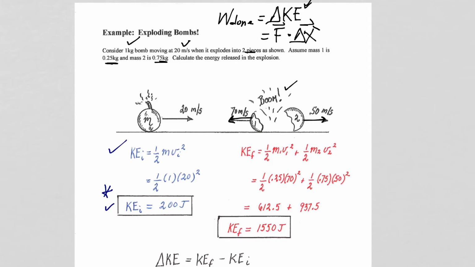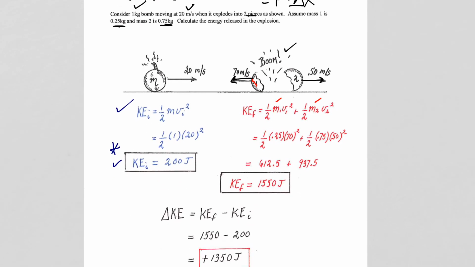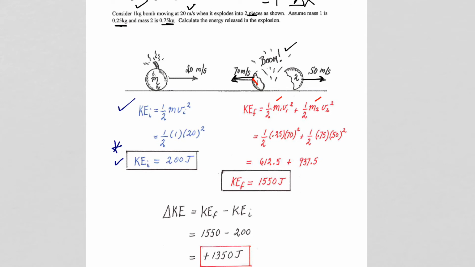Once it exploded, the total kinetic energy after the explosion is given by 1/2 m1 v1 squared plus 1/2 m2 v2 squared. We're given all the numbers to plug in, so we can see that after the explosion, in total, there was 1,550 joules of energy, but 200 of that 1,550 was already there.